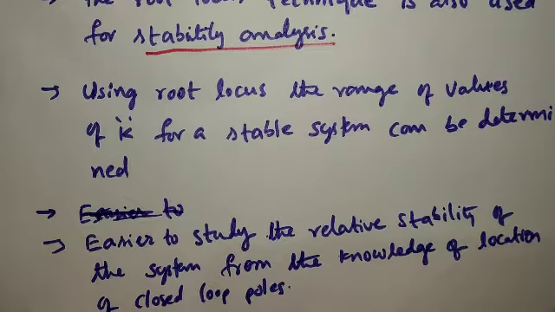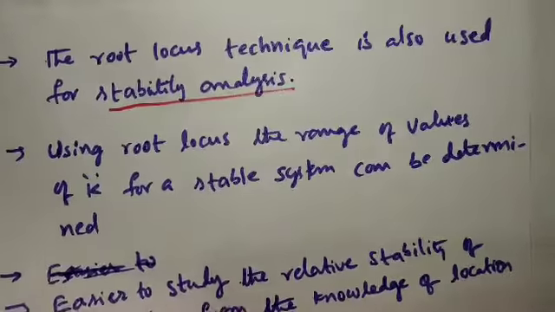These are the very important points to understand. By just adjusting the closed loop poles, you can get the desired response of the system by varying one or more system parameters. That's the important thing you should remember.